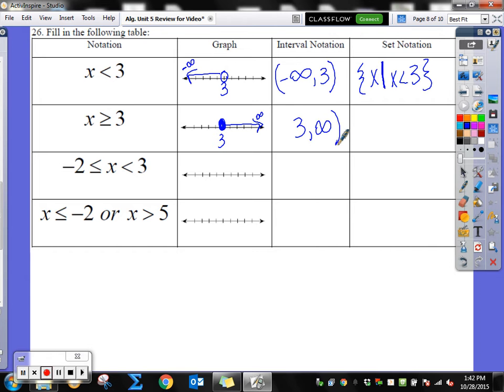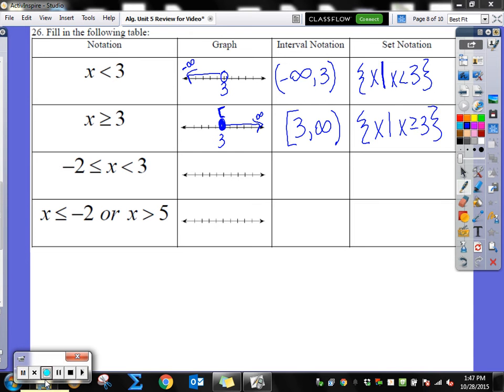My infinity always has parentheses, but because this is a closed circle, 3 is going to have a bracket around it. For my set notation, it's going to be a curly bracket, x such that x is greater than or equal to 3. Close your curly brackets.